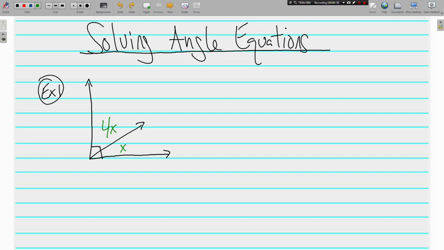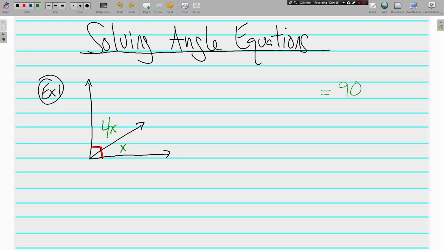Obviously here in example 1, we are looking to find the value of x so that we can figure out how much each angle is. Well, what do we know about the angles in front of us? We've got this box down here that tells us they are right angles, which means that the two angles are complementary because they equal 90.